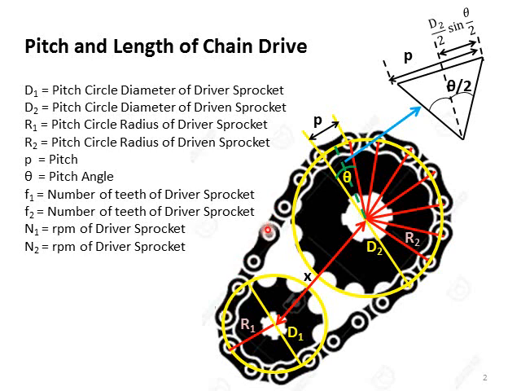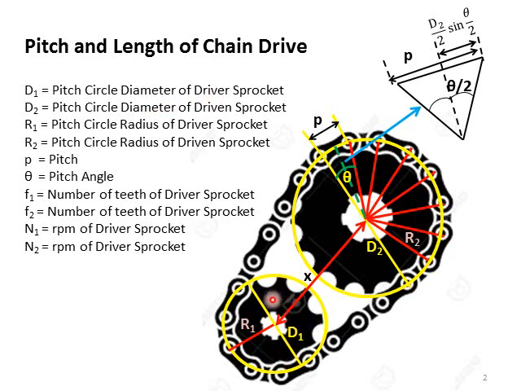So the important terminologies in chain drive are D1, D2, R1, R2, P, theta, F1, F2, N1, N2. D1 is the pitch circle diameter of driver sprocket. Here it is.